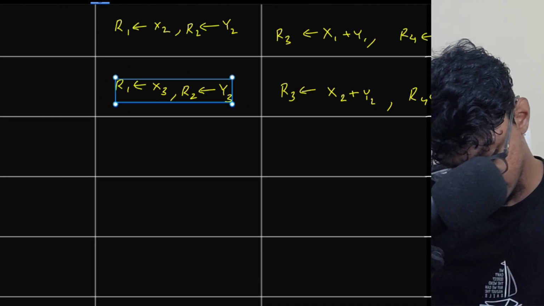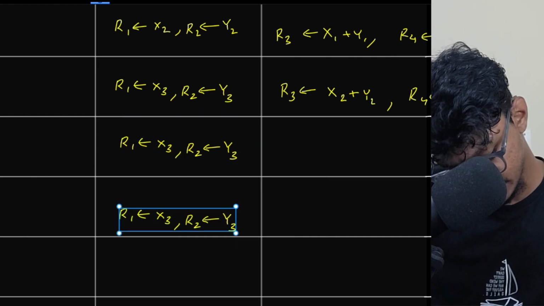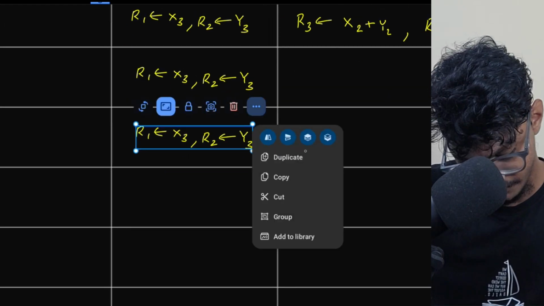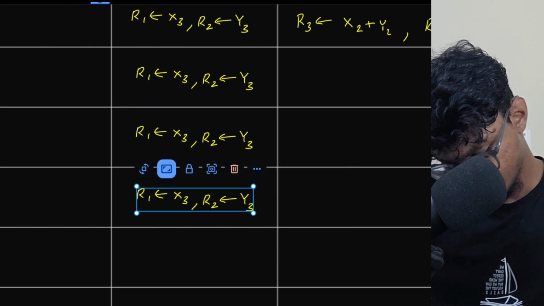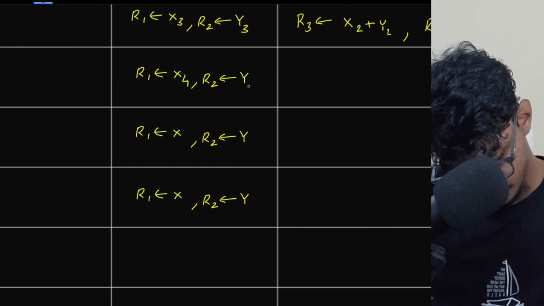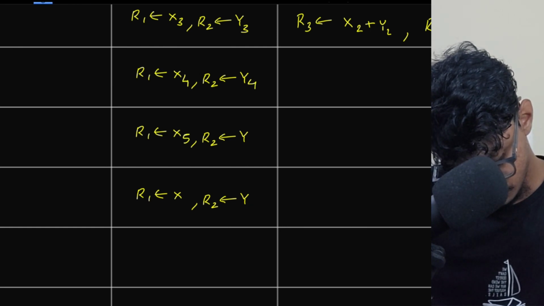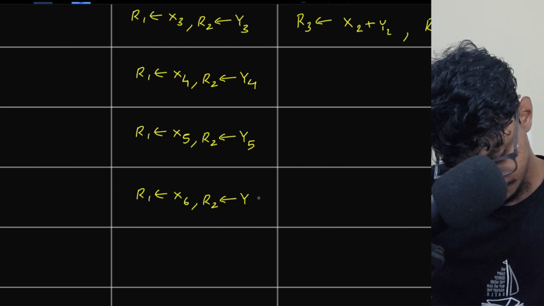This will be just y4 x4. Now at each clock cycle a new instruction gets fetched. This will be 4, this will be 5, this will be 6.